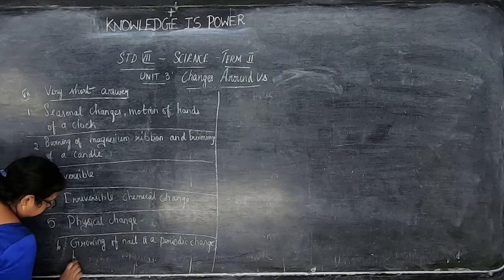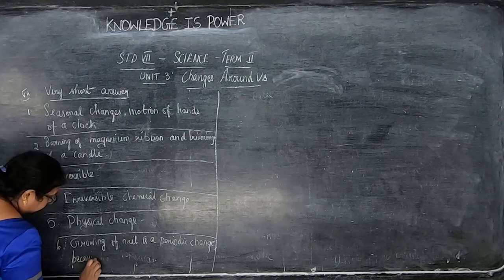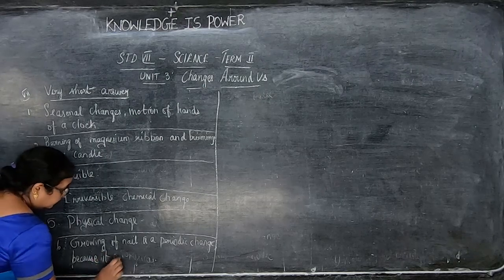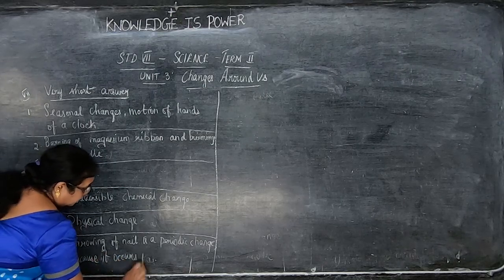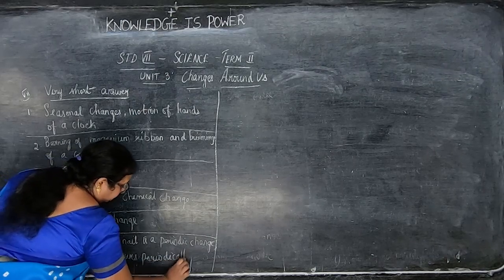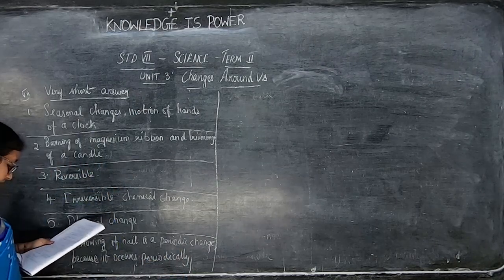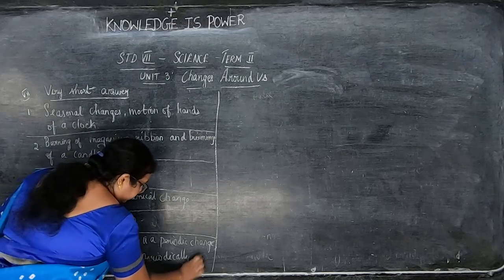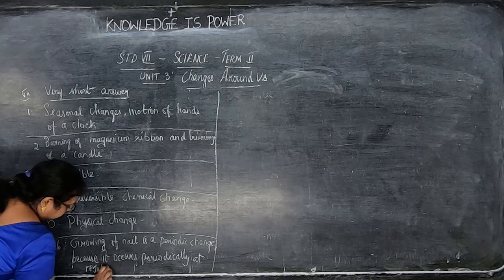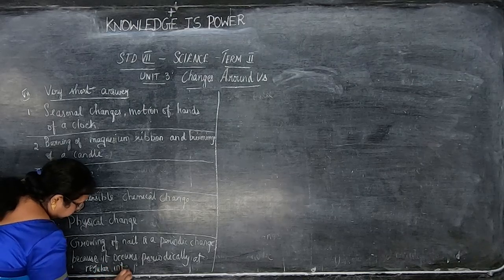Why? Growing of hair is a periodic change because it occurs periodically, at regular intervals.